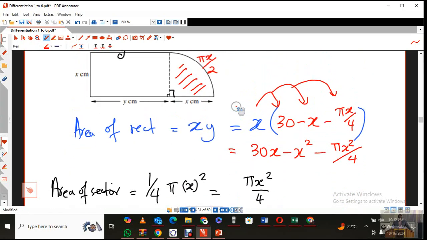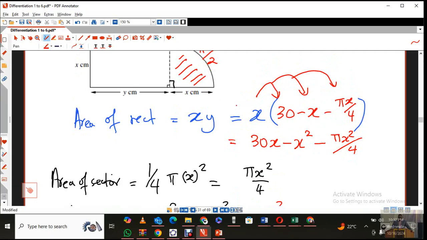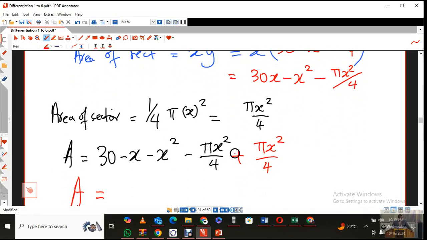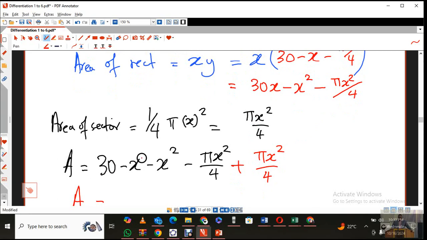I just have to go back a little bit and see what it is that we did. 30x minus x squared. So 30x minus x squared. Why do I write it as 30 minus x again here? Let's just clean it up. Can you see this mistake?